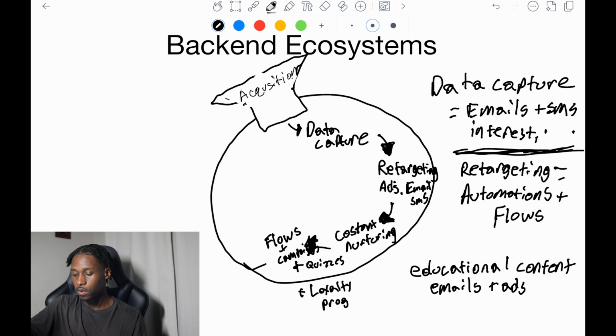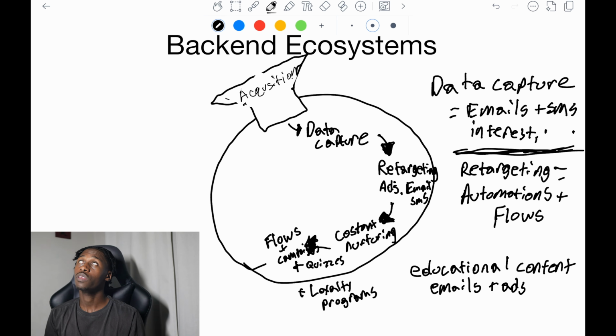Loyalty programs. And this doesn't have to be just like the Macy's type loyalty program. Oh, your grandma got a card and once she spends $500, she gets $20 back. No, the cool thing about today and age in 2025, we have so many different cool softwares like, what's a good one?